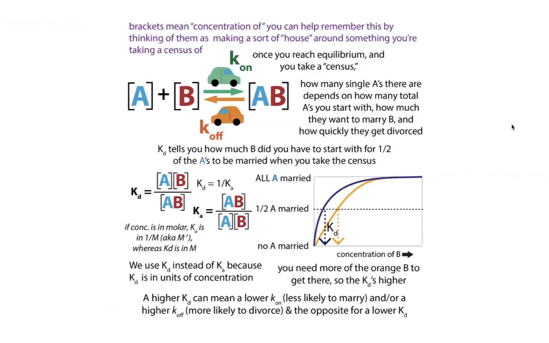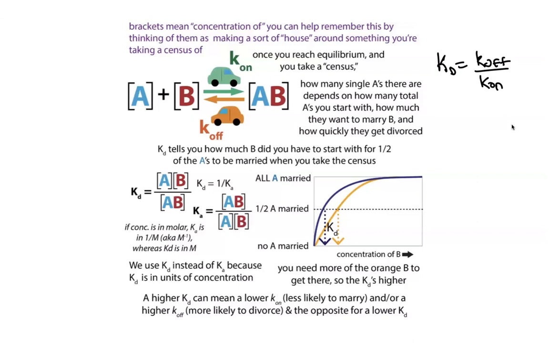Remember that the K on and the K off aren't going to change, except if you change the conditions. And the KD is going to be equal to the K off over the K on. And since those aren't changing, the KD isn't going to change either. So our KD is going to be a constant.